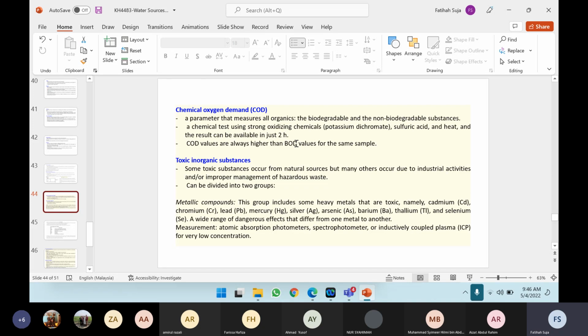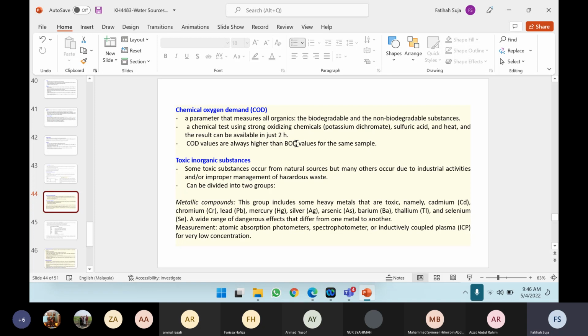Why is measurement of BOD and COD very important? Because BOD means that the organics are biodegradable. COD is due to strong oxidizing chemicals.